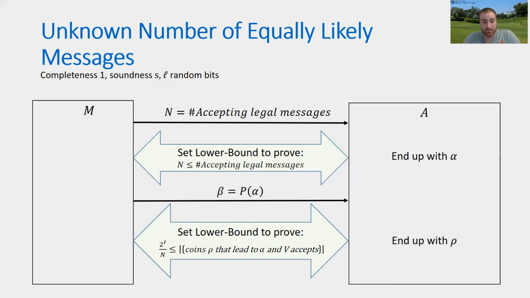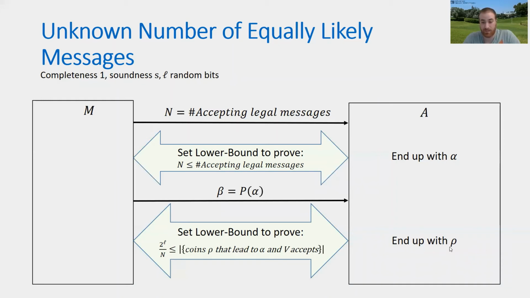And now they'll prove that the number of coins that lead to alpha and cause the verifier to accept given beta and alpha is large. It's 2 to the L divided by N. Remember, in the case of completeness, these two things are supposed to be true.